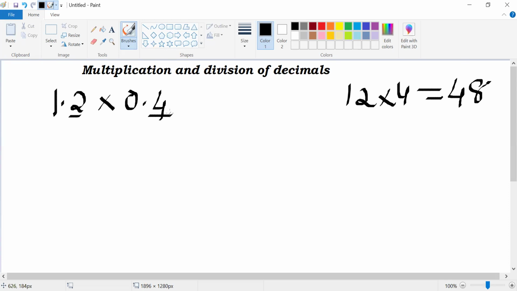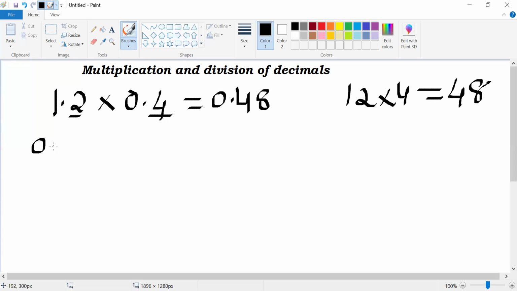So total 2 decimal places are there. So in the product, we should have 2 decimal places. That means after the decimal point, there must be 2 digits. So here we have to put the decimal. So the answer is 0.48.